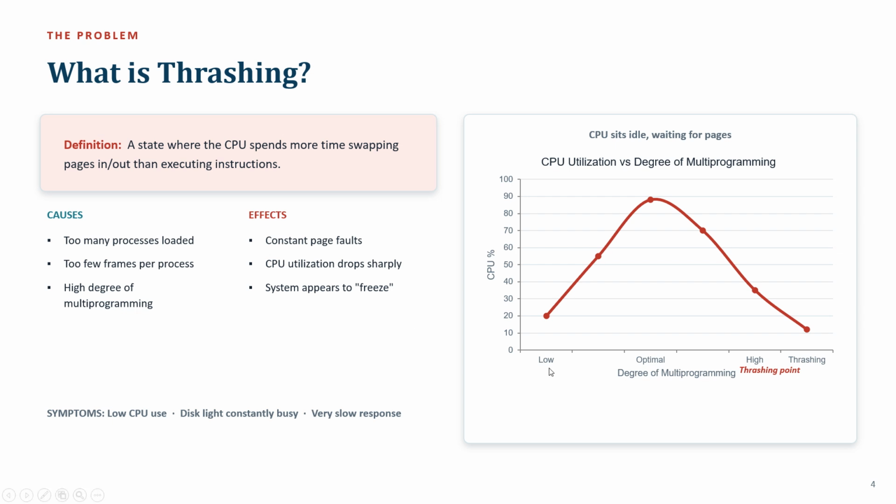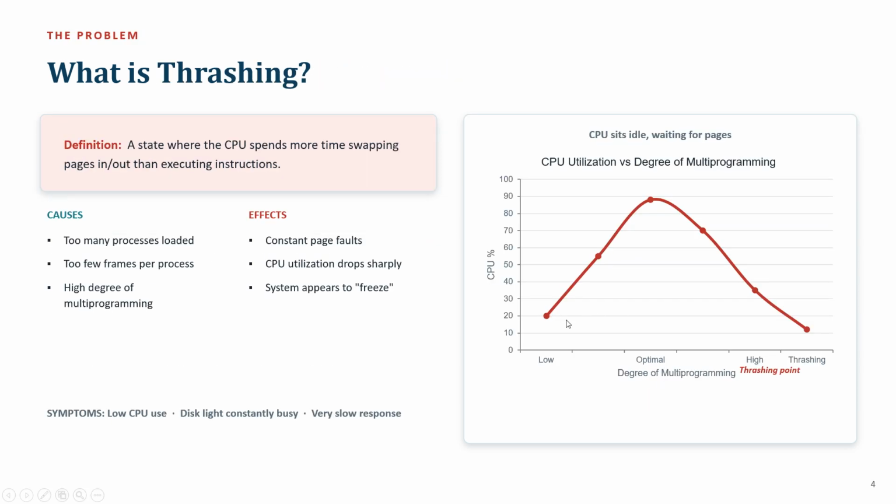On the left, you can see the common causes. Too many processes are loaded at once. Each one gets too few frames and the degree of multiprogramming becomes too high. The effects are page faults happening constantly and the CPU utilization crashing.